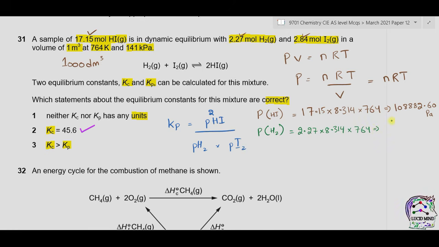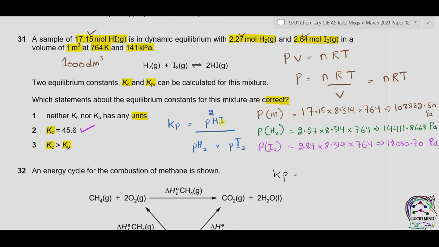It comes equal to 14411.8668 pascals. Similarly, for the third one, which is iodine, the number of moles is 2.84. It comes equal to 18030.70 pascals.